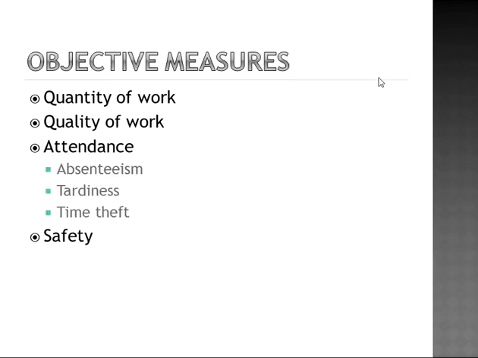Now let's look at objective measures. Objective measures, again, are those types of things that we can count, that we can quantify, that we can look at and see objectively. One person can say, I objectively see this, and you see the same type of thing. So we can look at the quantity of work, the quality of work, attendance, including such things as absenteeism, tardiness, time theft, and safety.